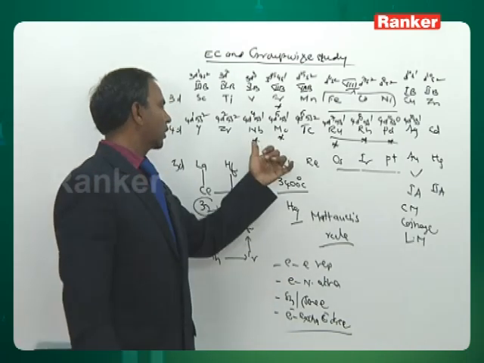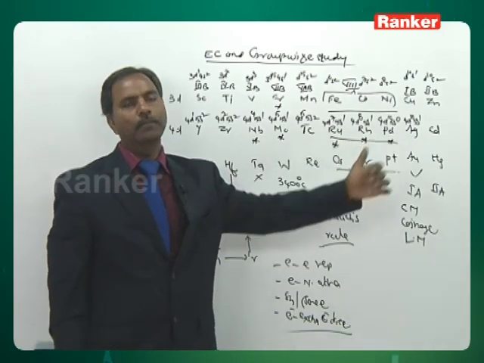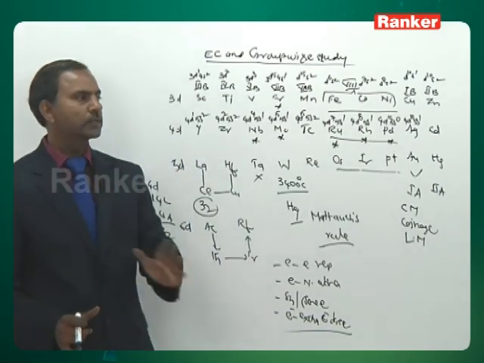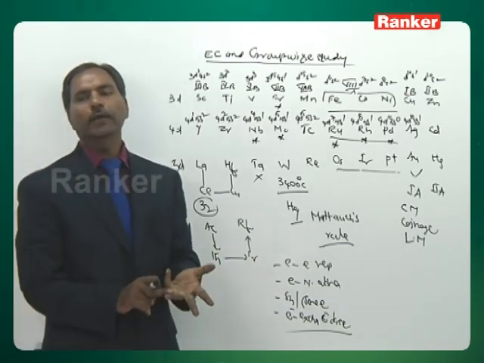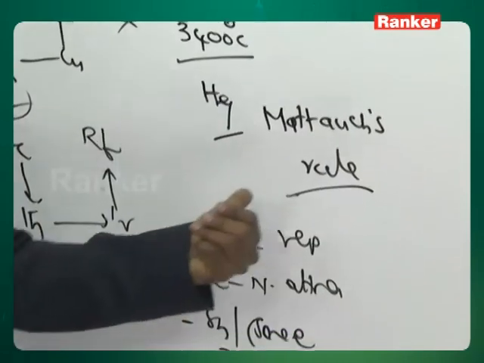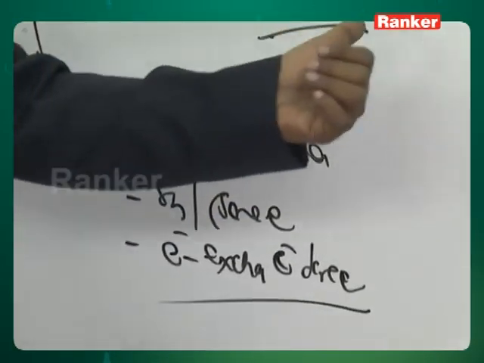So, the abnormal electronic configurations of niobium, ruthenium, rhodium, palladium can be explained based on the following factors. First is what? Electron-electron repulsions, electron-nucleus attractions, and shielding or screening effect, or it may be due to electron exchange energy forces.